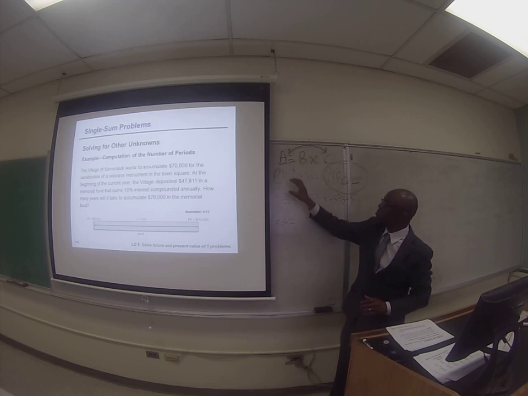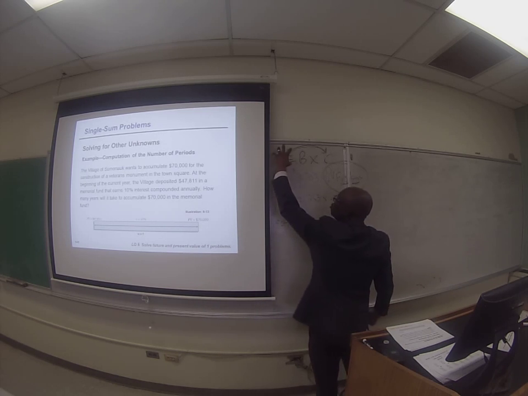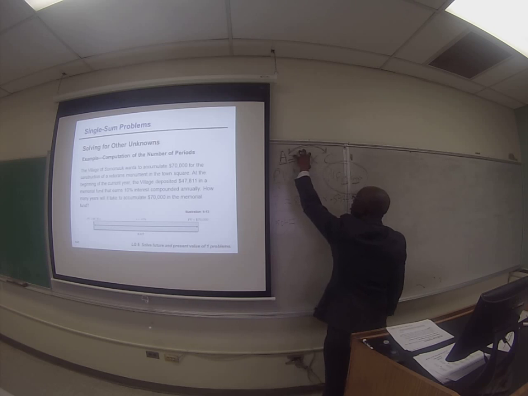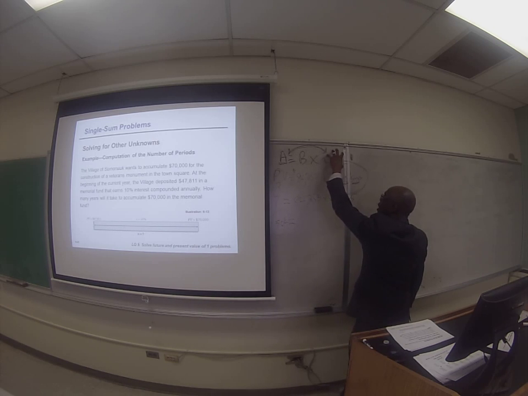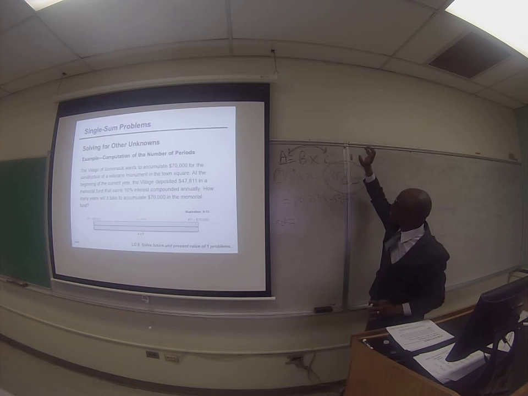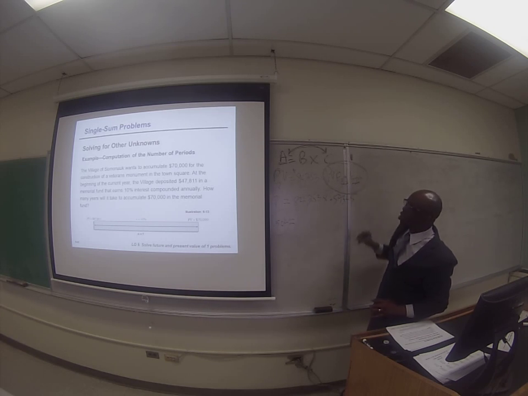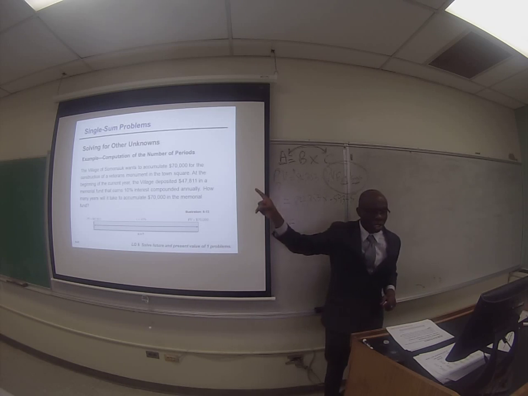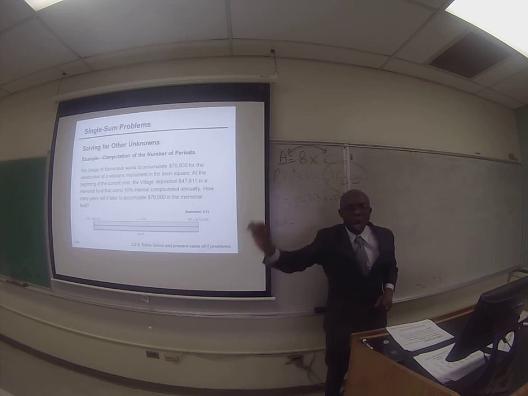So sometimes A is known, B is known, and one of the 2 elements of C is unknown. In such circumstance, if one of the 2 is unknown, then C is unknown. So we can solve for C to determine the interest rate or the number of periods. That is what we are talking about here, solving for other unknowns.